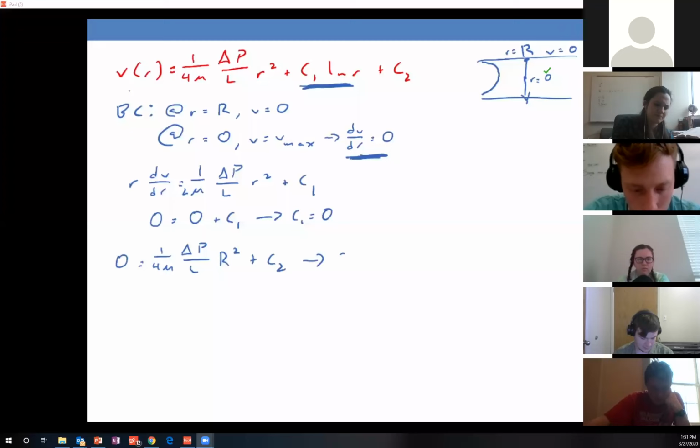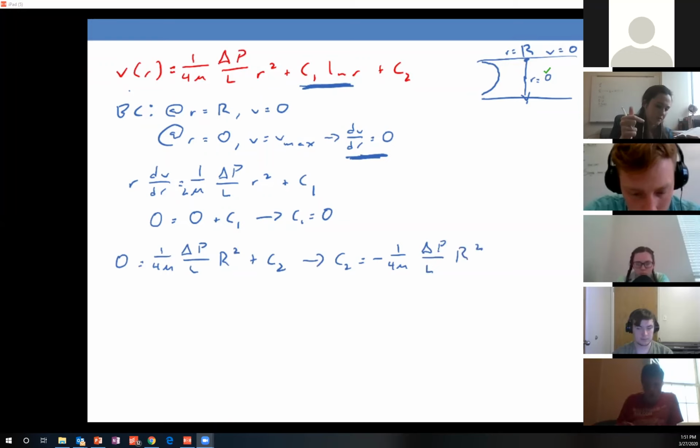So what's C2 equal? The negative of all of that, the negative of all of that over L R squared, like that. And so that just goes right there.